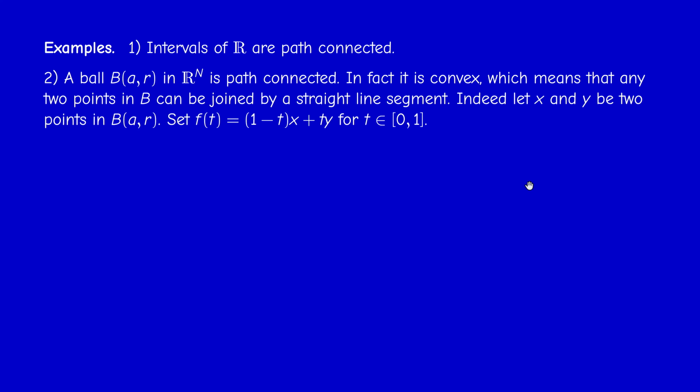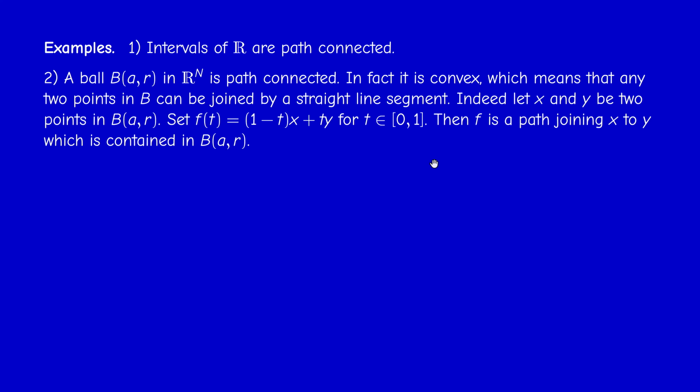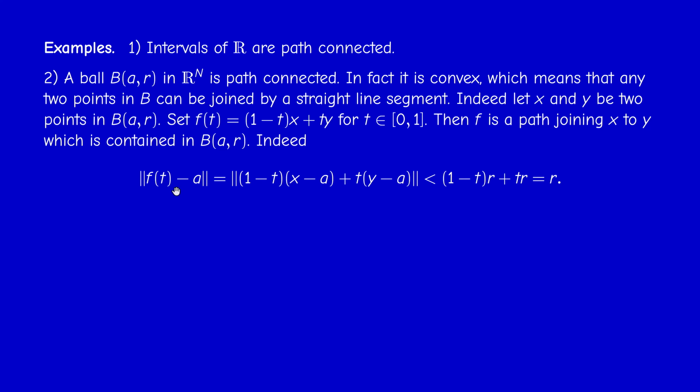Okay, and now this path is inside the ball B(a, r). How do you know that algebraically? Geometrically it should be clear actually, but this is the algebraic proof. We replace f of t by its value, and we observe that (1 minus t)a plus ta is just a. Okay? So we can factor now by 1 minus t and t. Okay? So we rearrange this. And now we use the triangle inequality. The norm of the sum is less or equal than the sum of the norms.